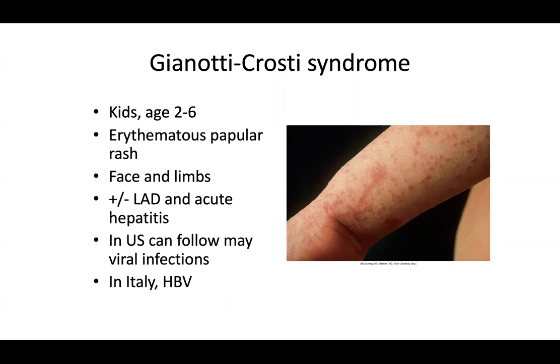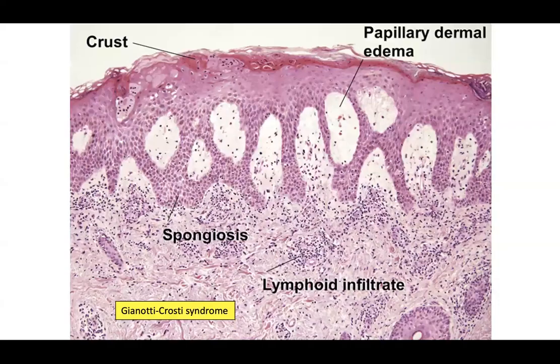In Italy, it often follows hepatitis B virus infection. In the United States, it can follow EBV infection, CMV infection, any kind of viral infection that triggers the immune system to react, and you get this reaction pattern of erythematous papules on the face and limbs. Usually it spares the trunk.